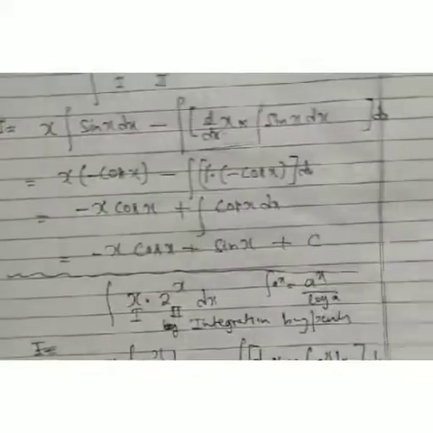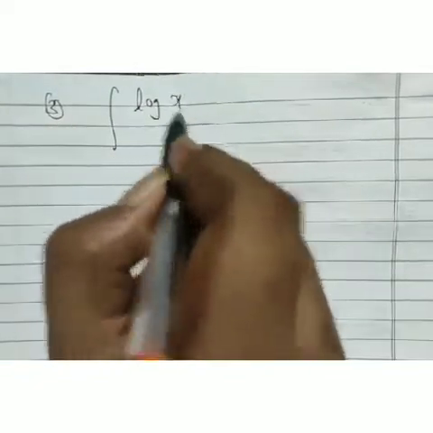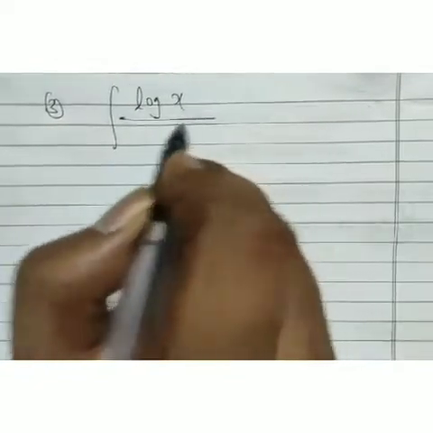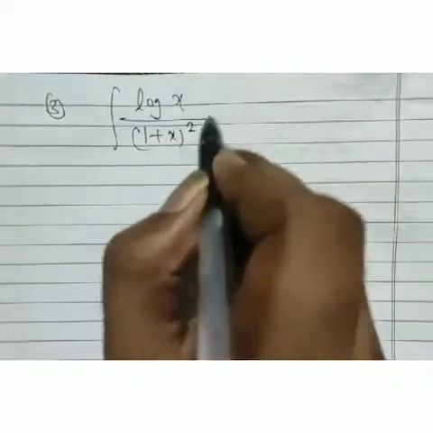Now we have taken two simple examples. Let's start with a more difficult example. Suppose we have a problem like this: the integration of log x upon 1 plus x whole square dx.